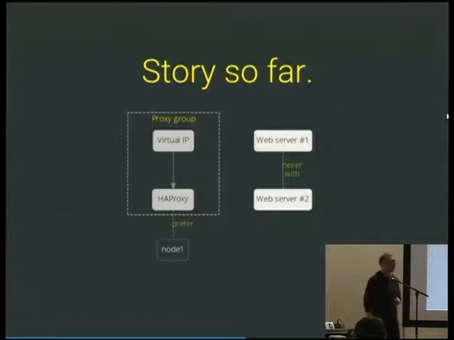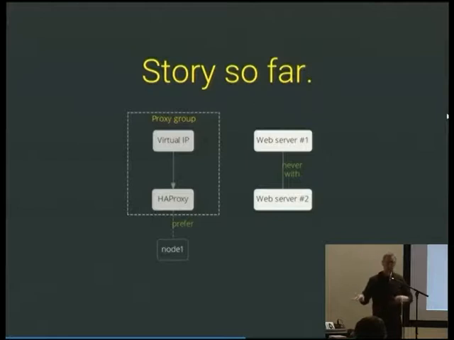To demonstrate this, I have a basic cluster configuration where I'm running HA proxy, which is a load balancer, on 1 node, and then I'm running web servers on 2 other nodes. And the 2 web servers are constrained to never run on the same machine. And the proxy server prefers to run on the first node.